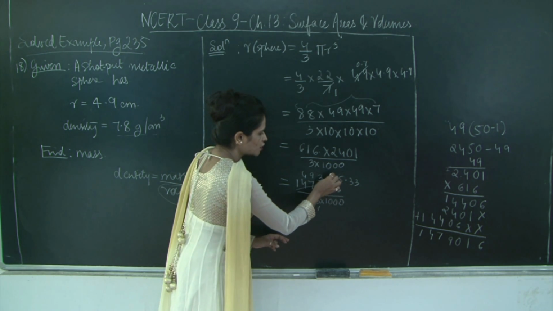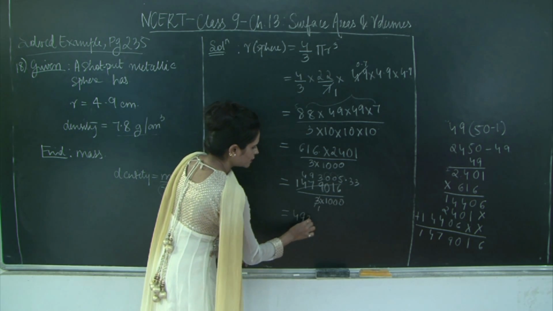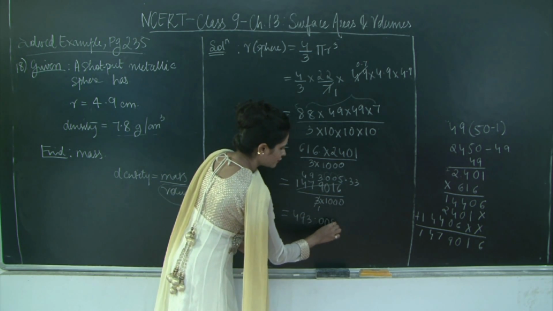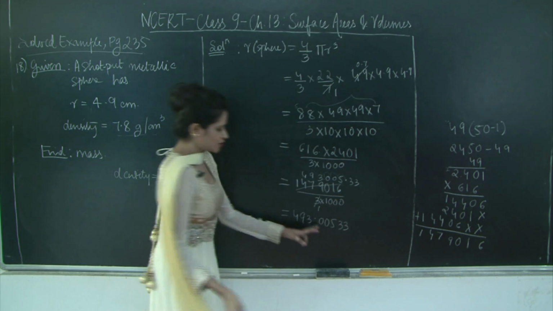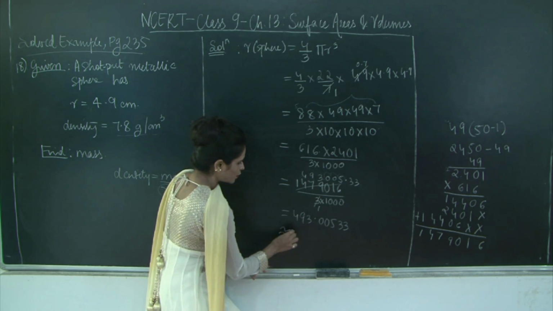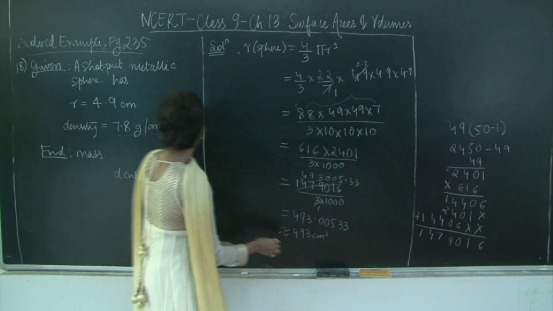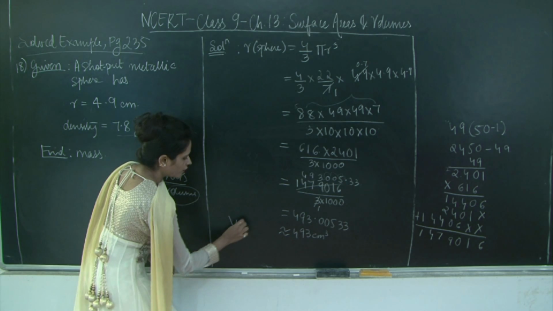So this is 1, 2 and 3. So this is 493.00533. This is approximately equal to 493 centimeter cube, right? So this is the volume of sphere.